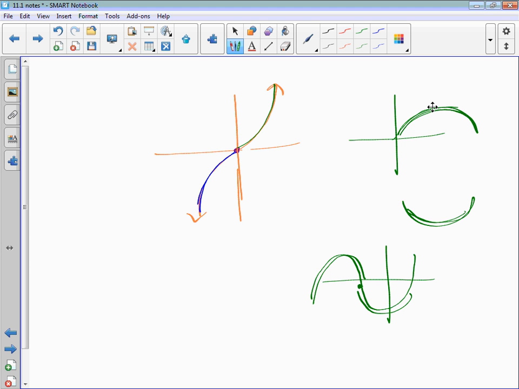Think about it: you're not always going to see the entire thing if it's concave up or down. This is like half of it. But if you were to continue that shape, do you see how that's like a sad face, frowny face?